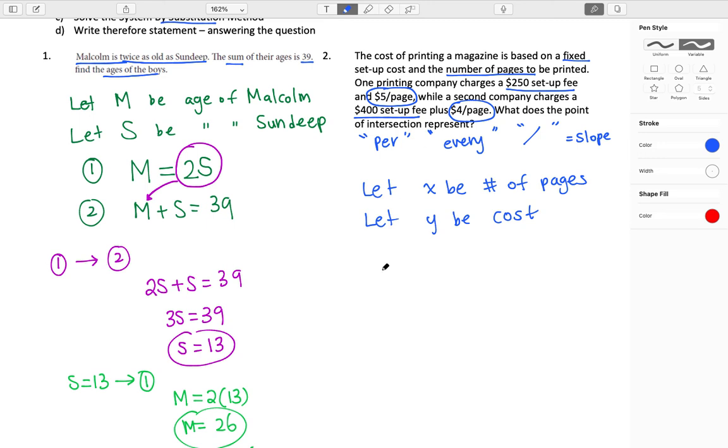We can start with the first printing company. The total cost is $5 per page, so 5x plus a one-time setup fee, so initial fee, $250. And then the second company, the total charge is $4 per page, plus there is a $400 one-time setup fee.